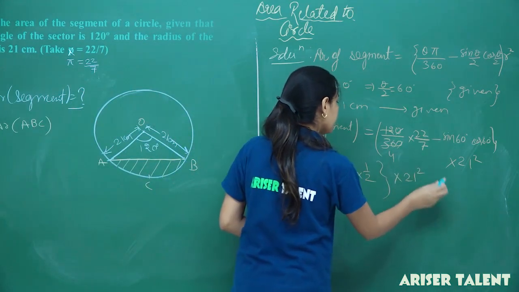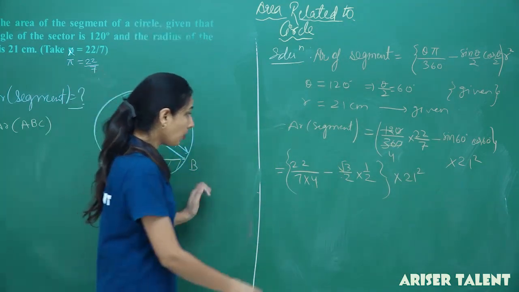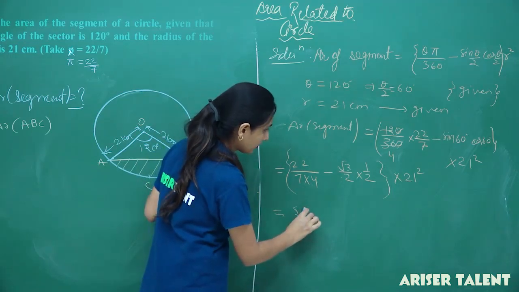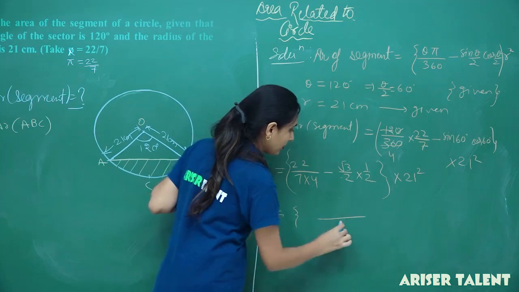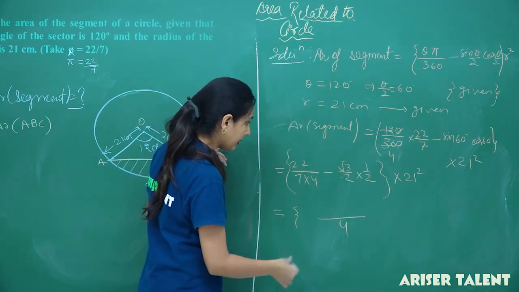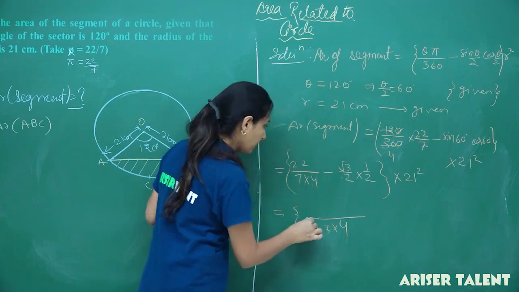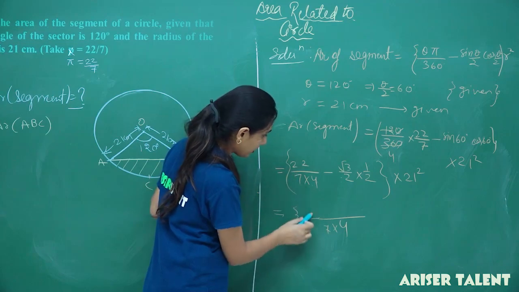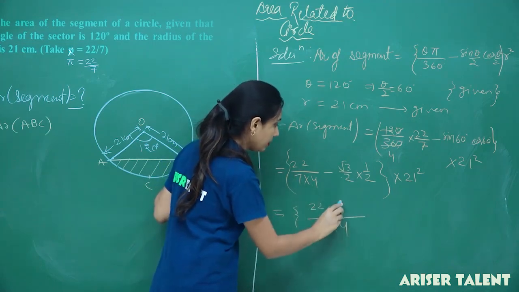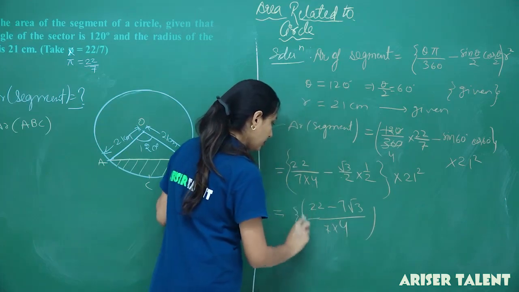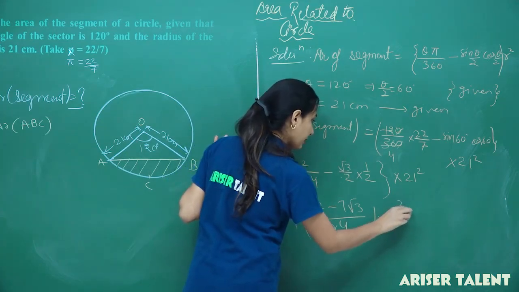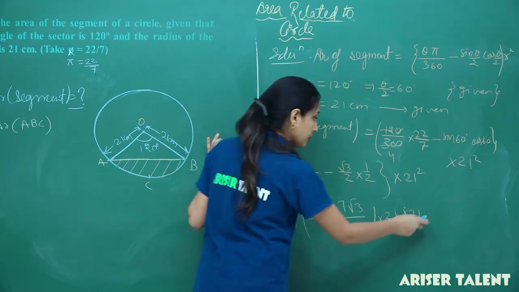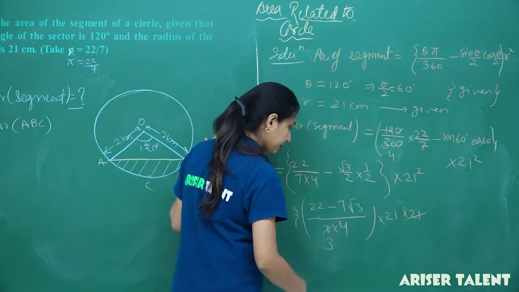Multiplied by 21 square. Now how will I solve it again? I will be taking the LCM of 4 and 7. Now that will be your 22 here and 7 root 3 here, multiplied by 21 square. Now if you cut it, this is 21 by 21, so that will be by 3 times.